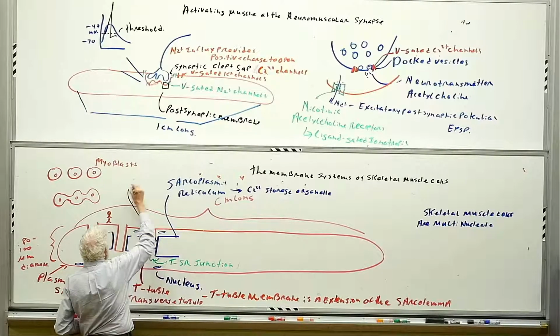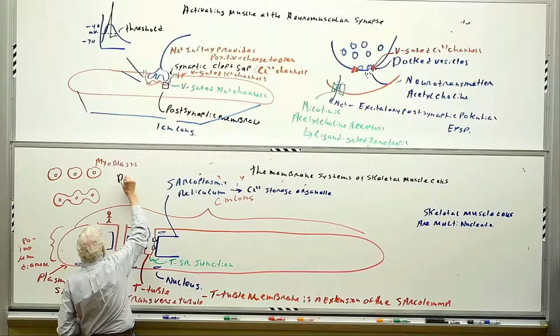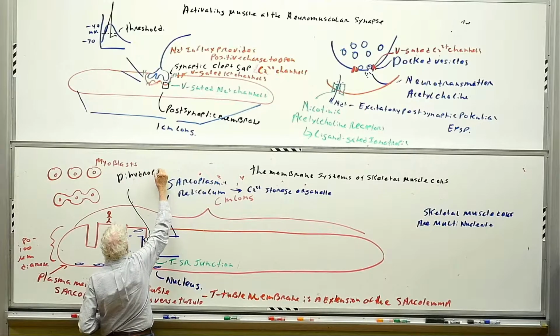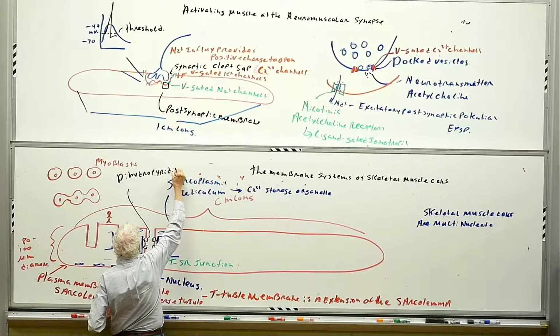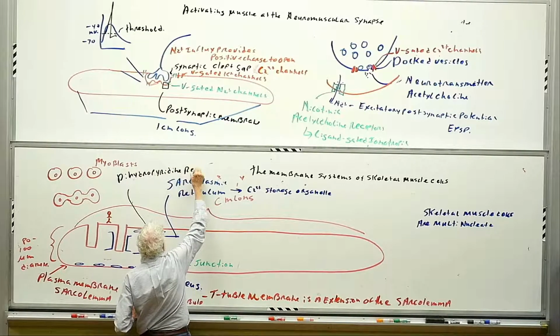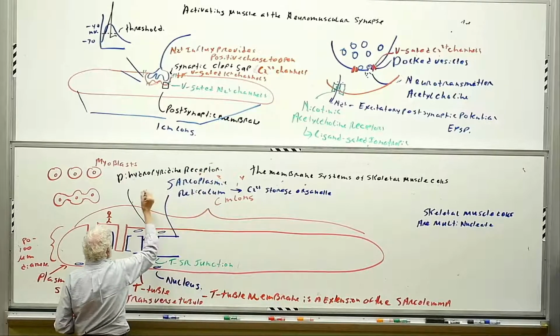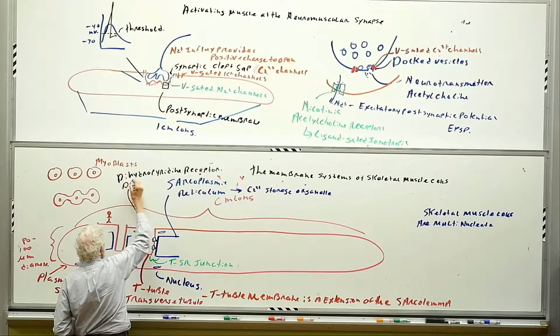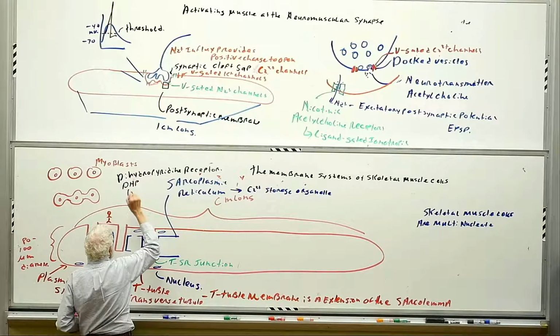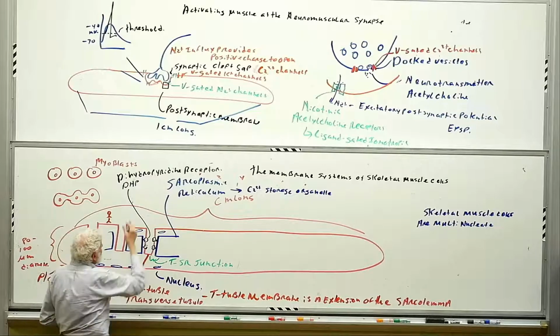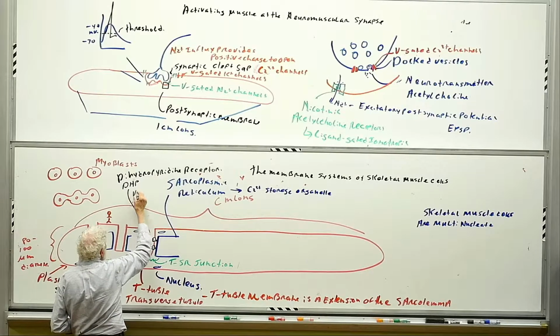This protein is known as the dihydropyridine receptor. The dihydropyridine receptor is often abbreviated DHP. Turns out the DHP receptor is in fact a calcium channel, but we're not worried about the calcium here. We'll worry about it when we get to the heart, but not here. The dihydropyridine receptor becomes a kind of voltage sensor.